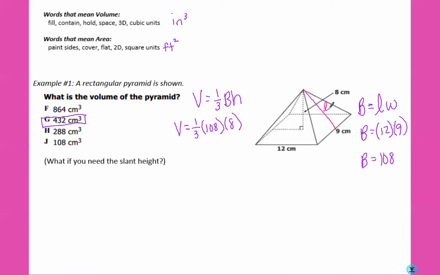That would be the lateral area. And then here we form a right triangle. Since this whole side is 12, that means this part of the triangle would be 6. It told us our height would be 8, and we'd have to do the Pythagorean theorem. So if you needed to, you would set that up. Typically, if they don't give you the slant height, you're going to need the Pythagorean theorem.